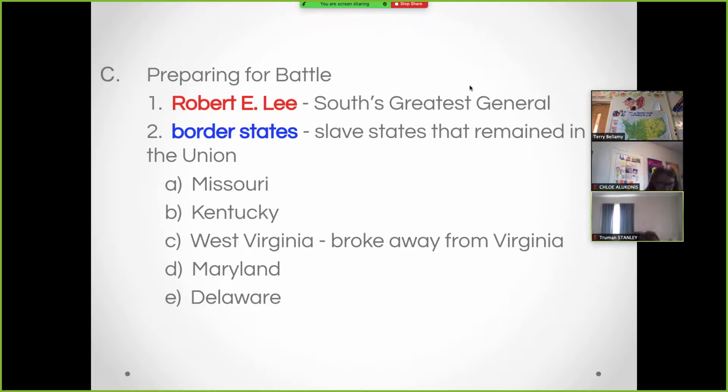So, is that more evidence to support my conclusion that the Civil War isn't just about slavery? If the guy that's going to lead the Confederate Army doesn't like slavery, he thinks it's a bad thing, but he takes command because he is a Virginian. That's his priority, is Virginia. He loves his state, therefore he has to love the group that his state supports.